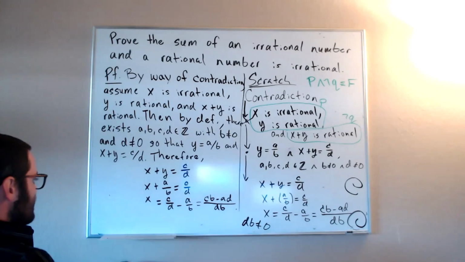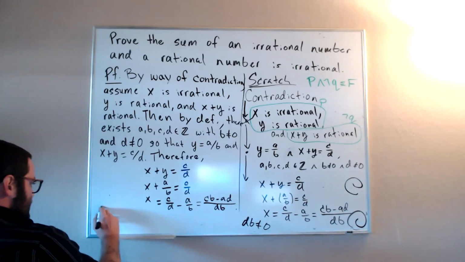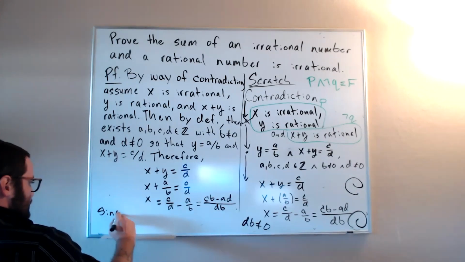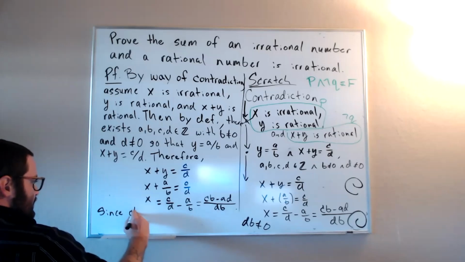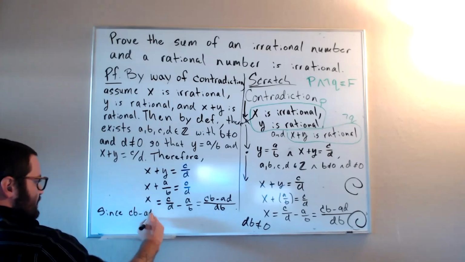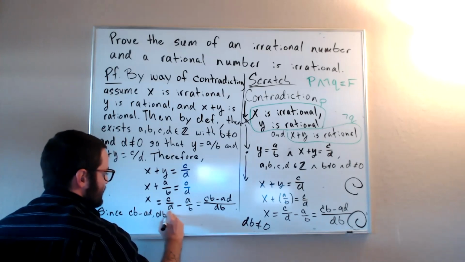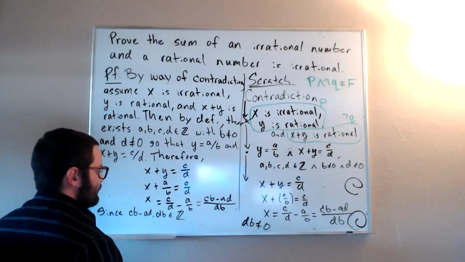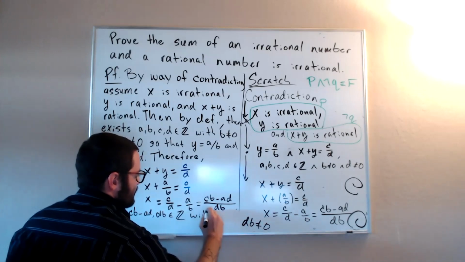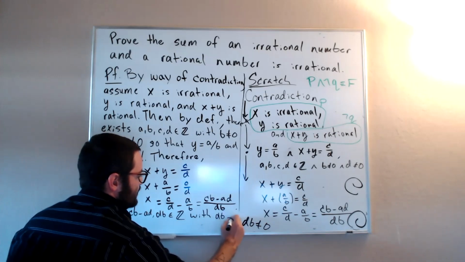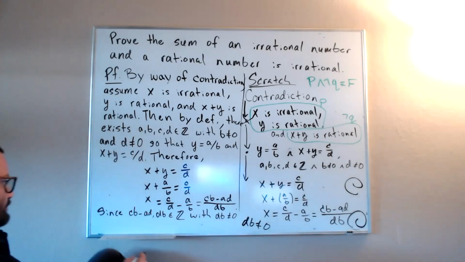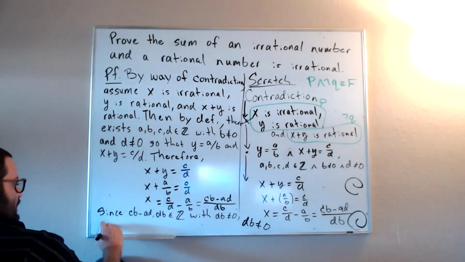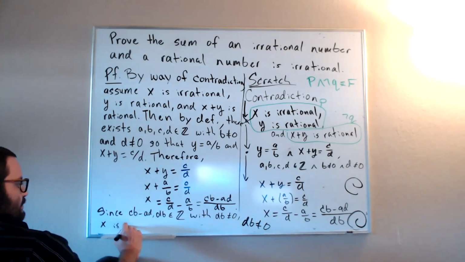Okay? And then you just have to finish it off by saying since cb minus ad, comma, db, since those are integers, with d times b not equal to 0, x is rational.